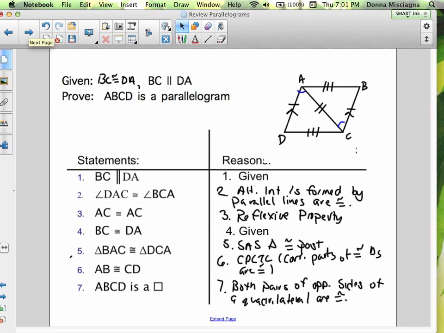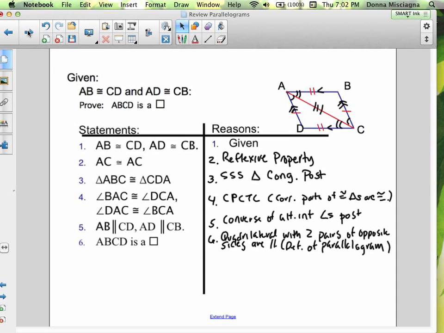So remember how we did this. We got a pair of triangles congruent, and then we could use CPCTC to get other parts of those triangles congruent and use one of the other methods that we had already learned to prove a figure was a parallelogram. So just take a look. They're in your notes, and I also put them here just so that you could review them.